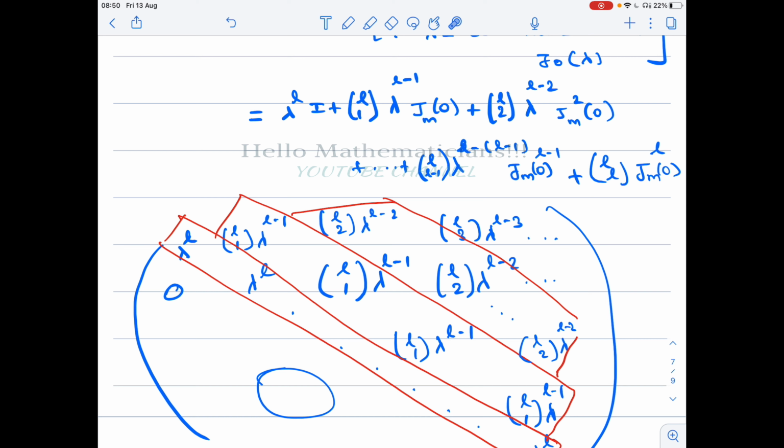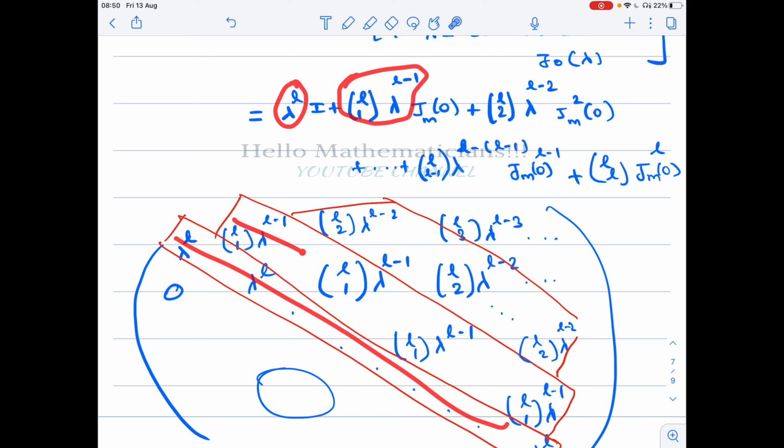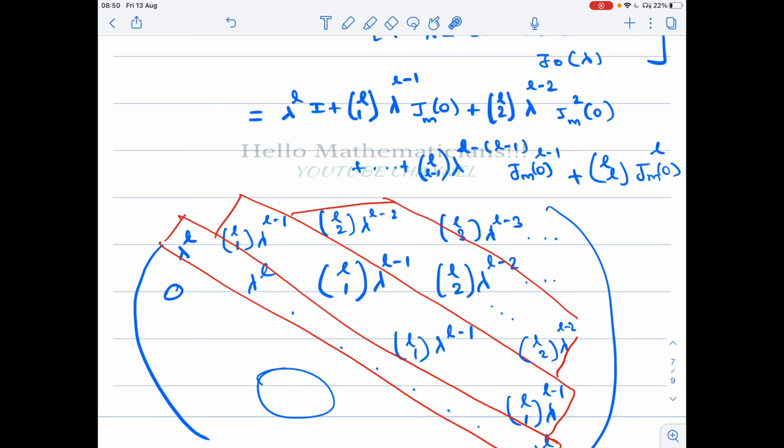So what happens is when you sum all these matrices, this is the diagonal entry. This value will come in the diagonal next to the main diagonal. This value comes in the diagonal next to that, and so on. Because when you sum, note that this matrix and this matrix have non-zero entries in different places. Here one occurs only in the super diagonal.